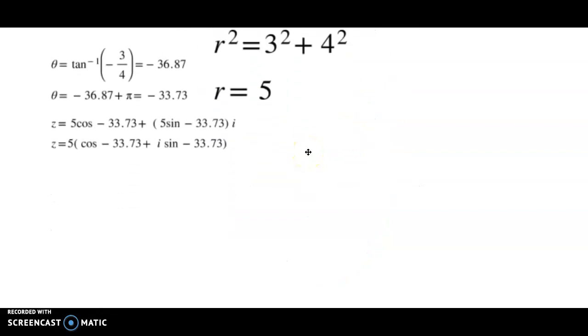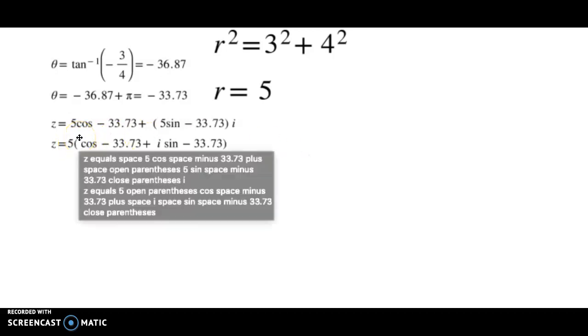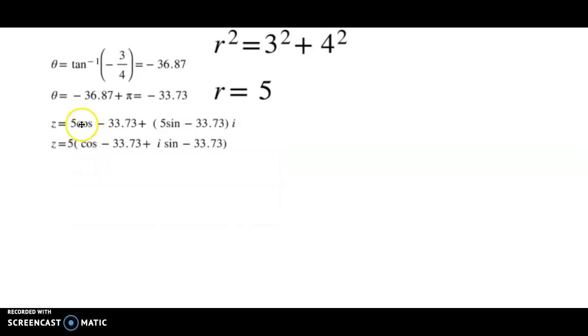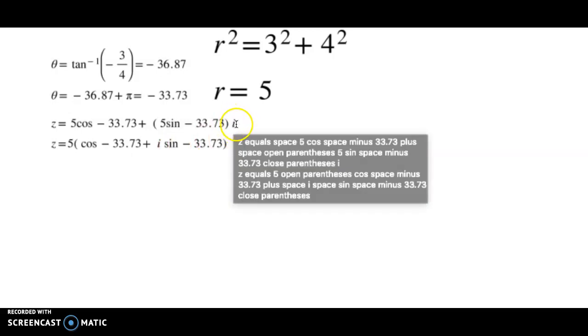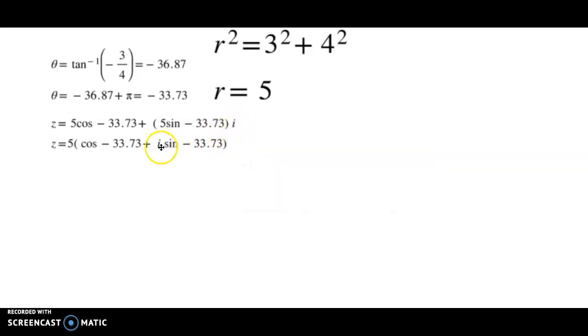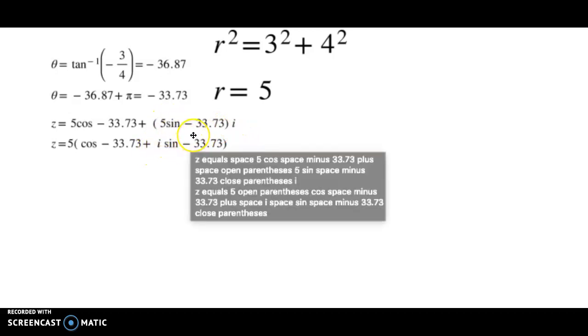To make the equation more concise, you would put the 5 in front and put it in the parentheses and add the cosine. Instead of putting the i at the back, you put it in the front. If you remember back in Algebra 2, the answer is still correct if it's in the back, but it's better if you put it in the front so you don't get confused. So you put the i in the front and bring down the sine negative 33.73.